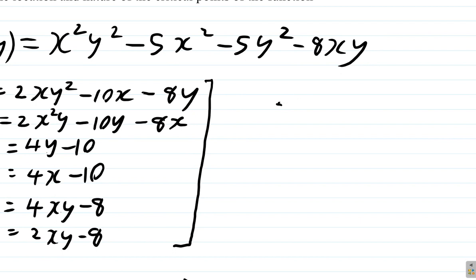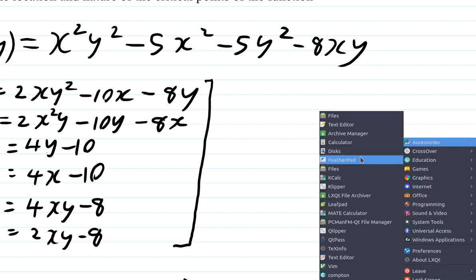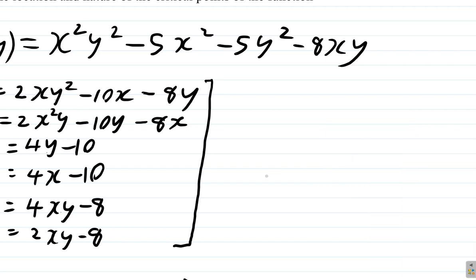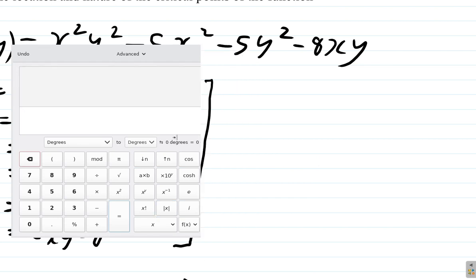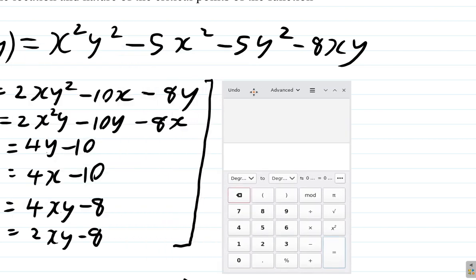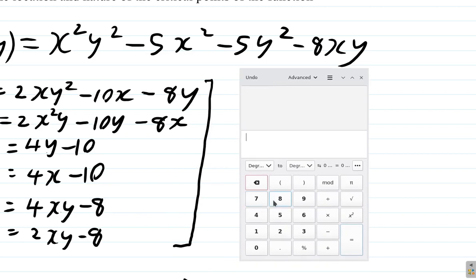Alright, let's use our calculator and work it out. So x is negative 3 and y is negative 3. Negative 3 squared is 9, times negative 3 squared again, 9.